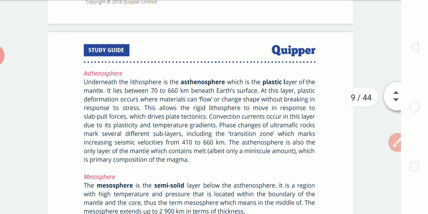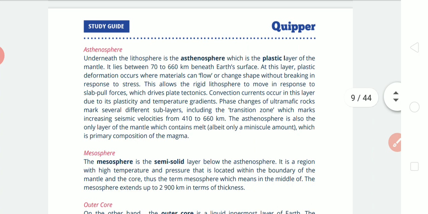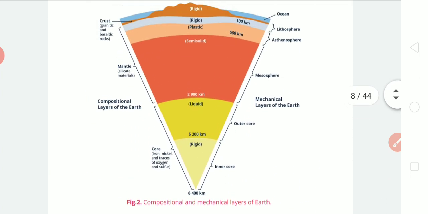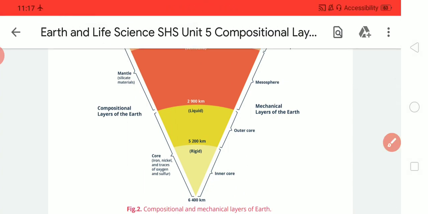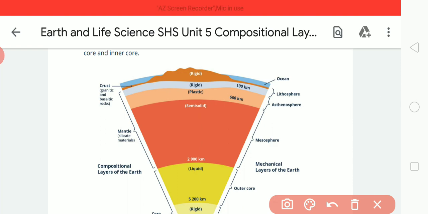Next one is the asthenosphere. Underneath the lithosphere is the asthenosphere, which has a plastic state, or plastic physical properties.